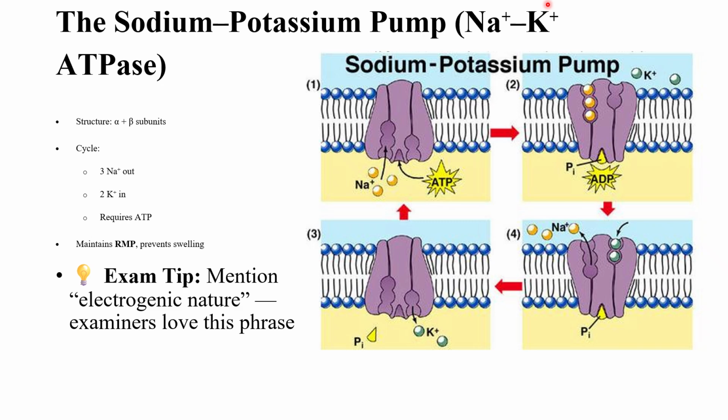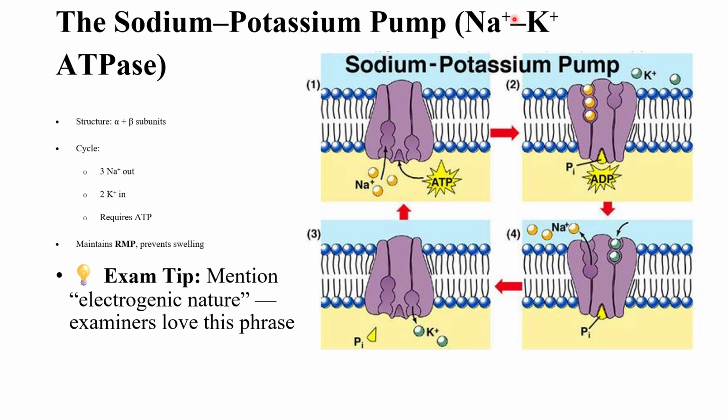One subtle feature of this cycle is that it sends out 3 positive charges while taking in only 2. This creates a net outward current, and that is why we call the pump electrogenic. It's a favorite phrase of examiners because it neatly captures how the pump contributes to the resting membrane potential.